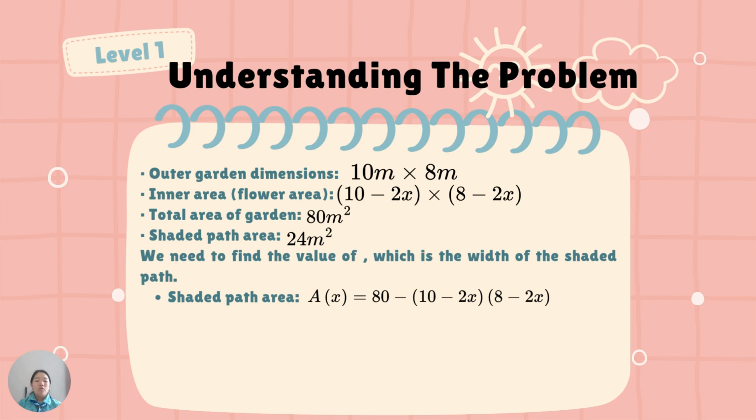From the problem statement, we could form a quadratic equation, where the shaded path area is represented by A(x). So the formula will be A(x) equals 80 minus (10 minus 2x) times (8 minus 2x).